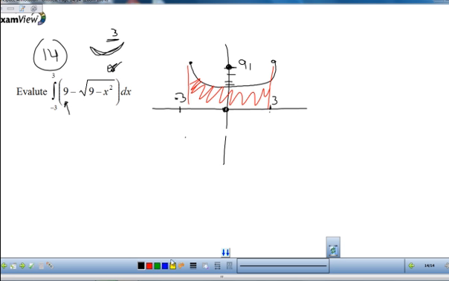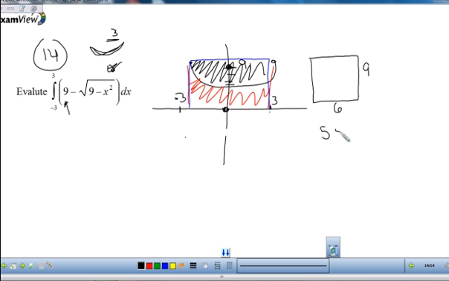So what I'm going to do is find the area of this rectangle and then subtract the area of the circle. The area of the rectangle has a base of 6 and a height of 9, so that is going to be 54.